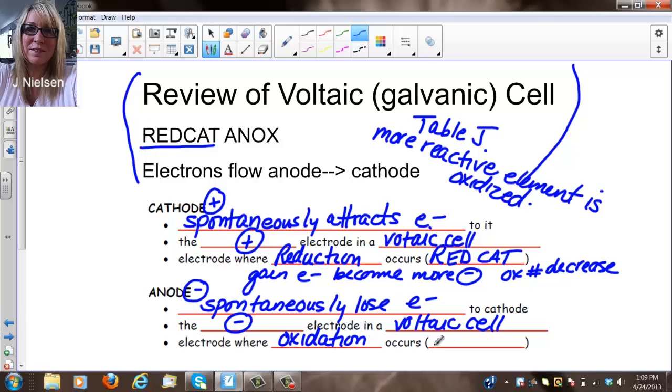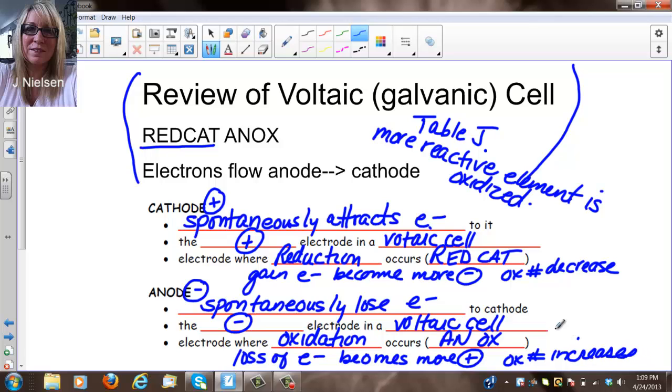Remember, oxidation is an ox. Anode is oxidation. Therefore, there is a loss of electrons, and the species becomes more positive, or the oxidation number increases.